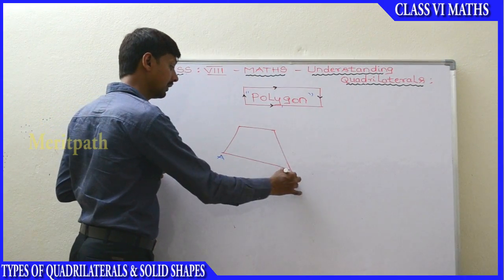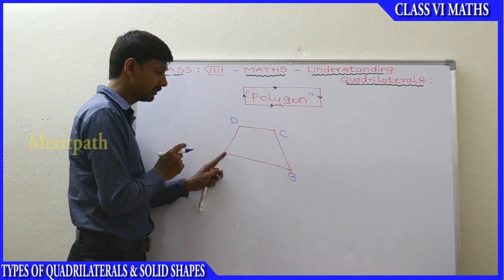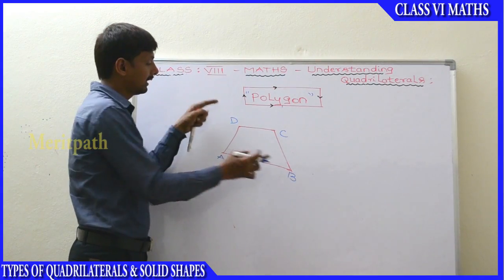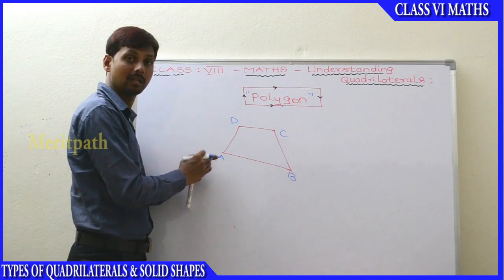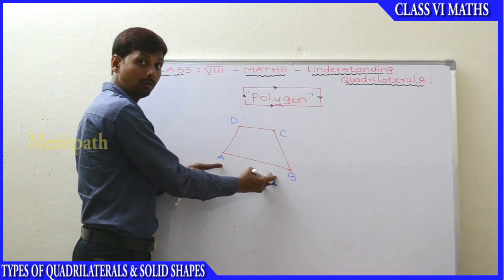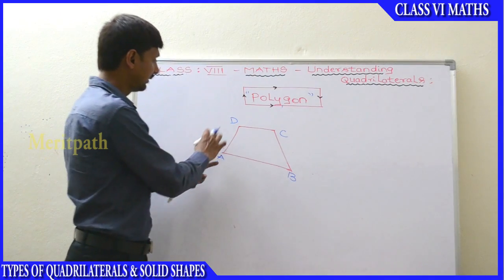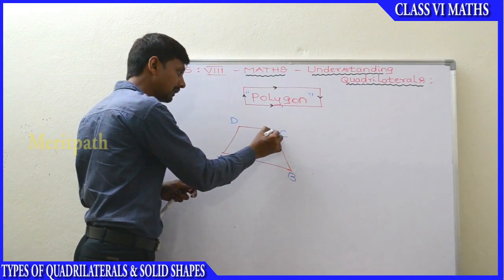A, B, C, D are the vertices of the quadrilateral, and A and C are non-consecutive vertices, and B and D are also non-consecutive vertices. The vertices that follow immediately after one another are called consecutive vertices. These two are consecutive vertices. Non-consecutive vertices are these two.